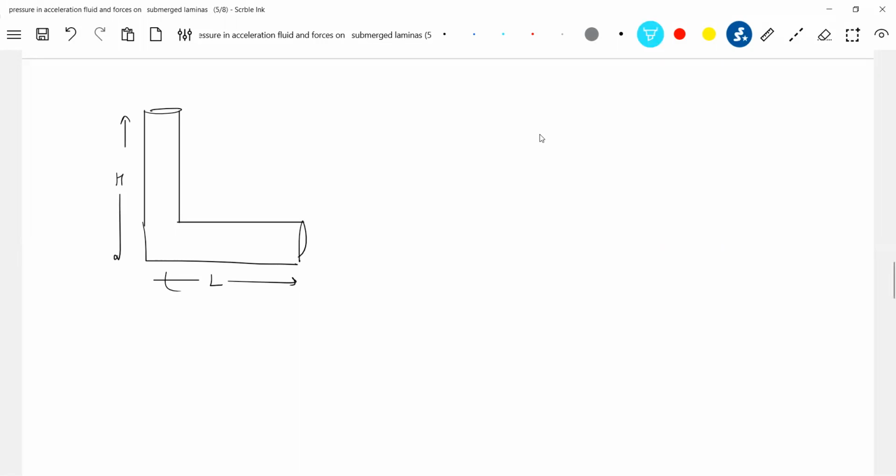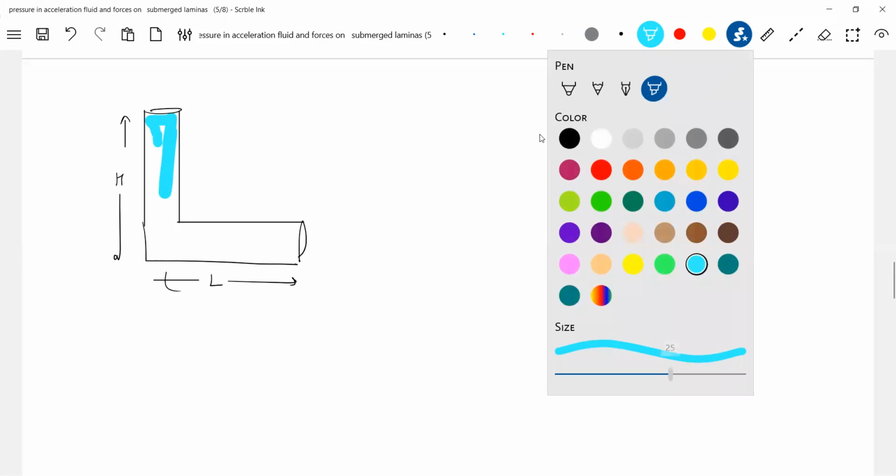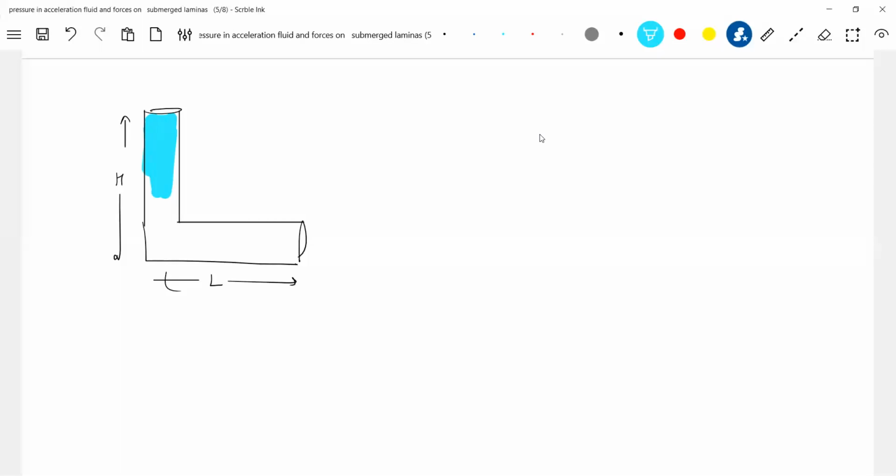Now, if there's a tube, there's a length L, there's height H. Both the ends, here air is there, here also air is there.